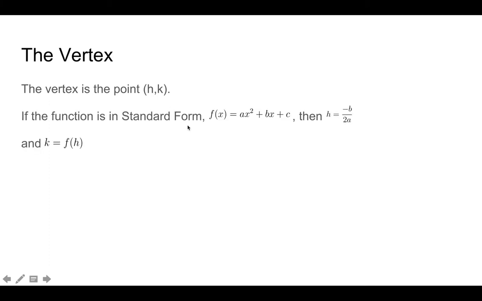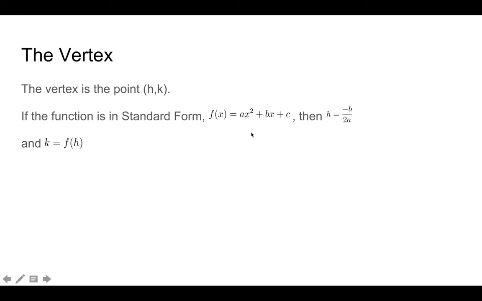Then we have to find the vertex. We know how to do that. The vertex is the point h comma k. If our function's in standard form, f of x is ax squared plus bx plus c, then h, the x-coordinate of the vertex, is opposite of b over twice a. That's an x-coordinate.